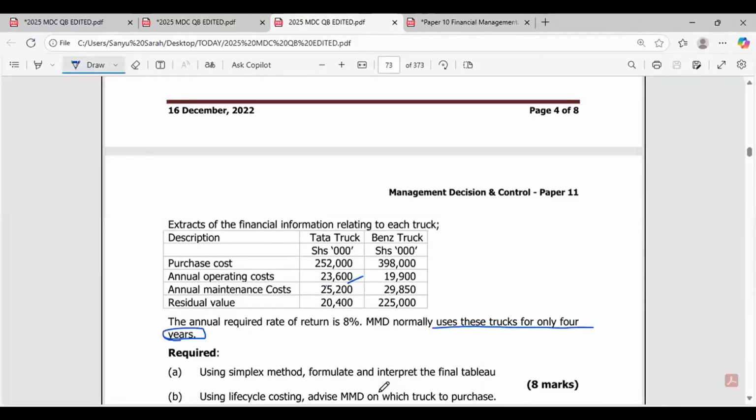So if the cost is annual, what does it mean? Every year, up to 4 years.